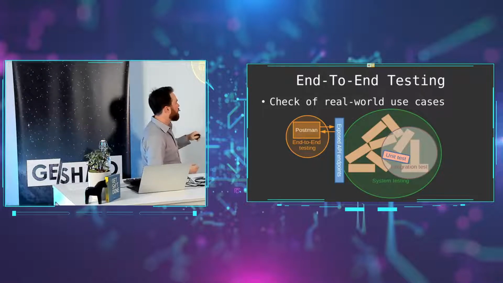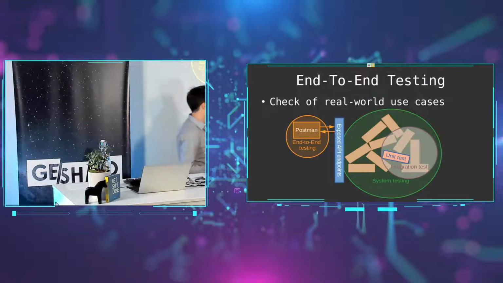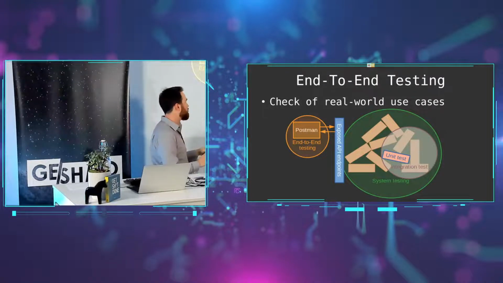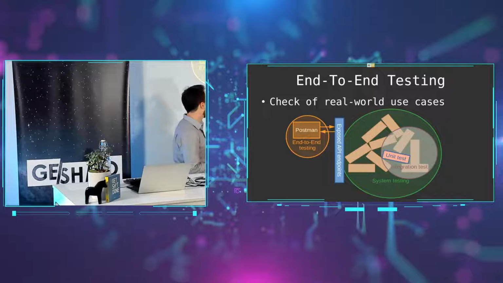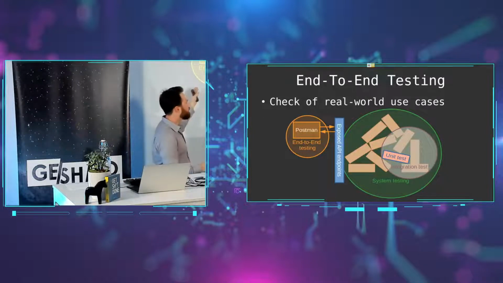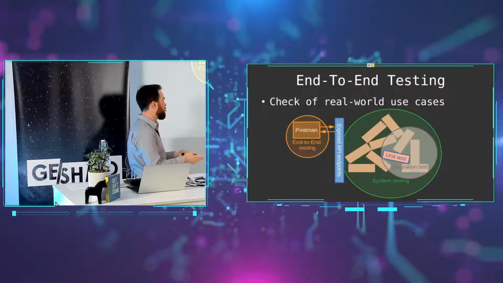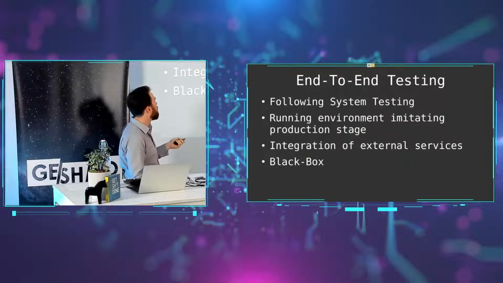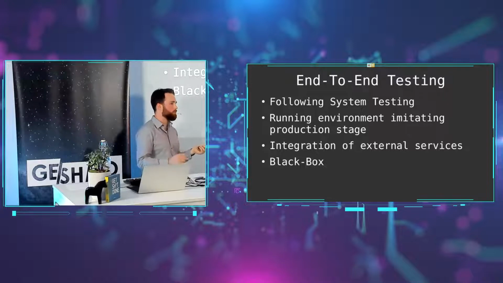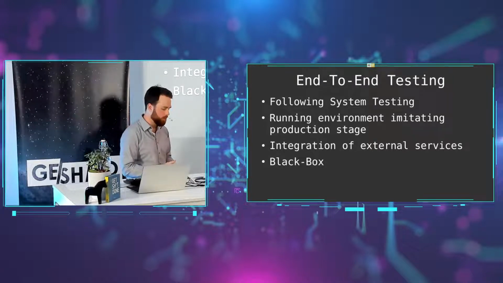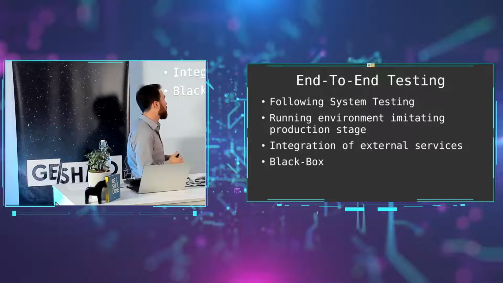So yeah, just in this picture, it is kind of like system testing, and it's sometimes a bit obscure, the definition of both of those, but it's basically without any knowledge of the system, and we just test it from outside, basically the API, without any attachment to the code, really. And this aims to imitate the production stage of an application.